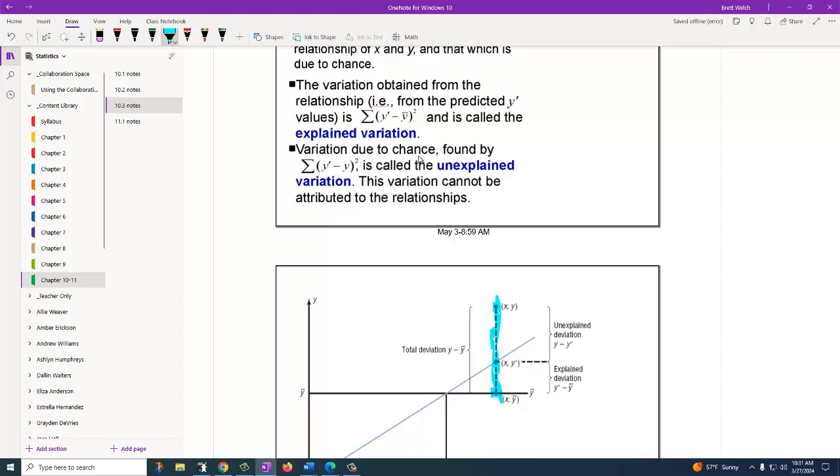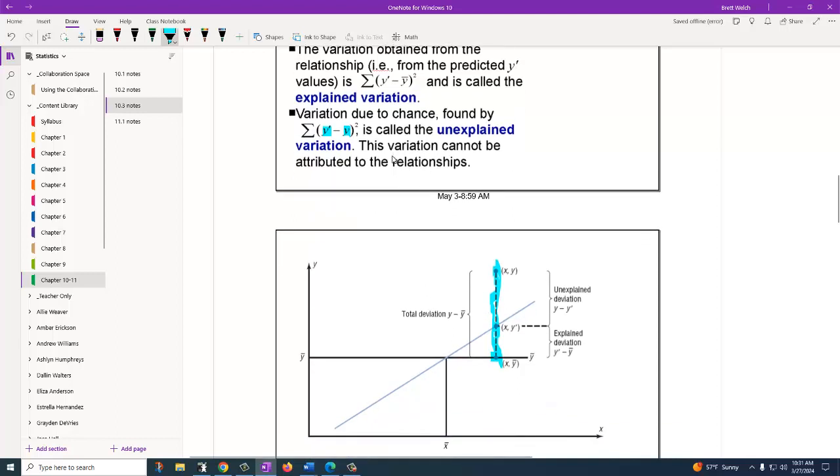The variation due to chance is found by y minus y prime. So there's the y bar, which is our average, to y prime, but then if there's other variation away from that, that's unexplained variation. That variation cannot be attributed to the relationship.